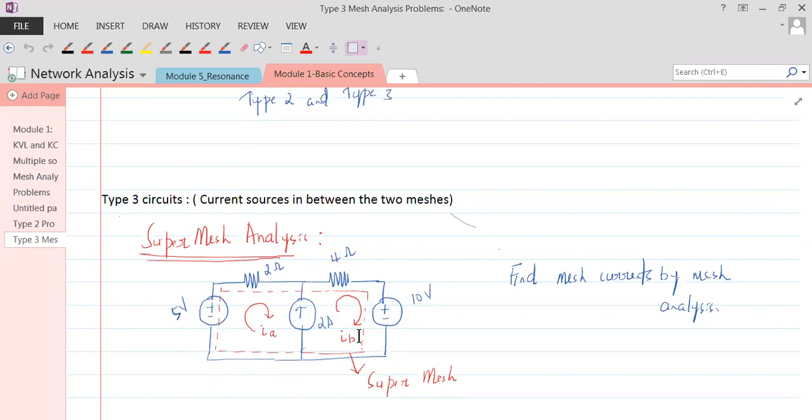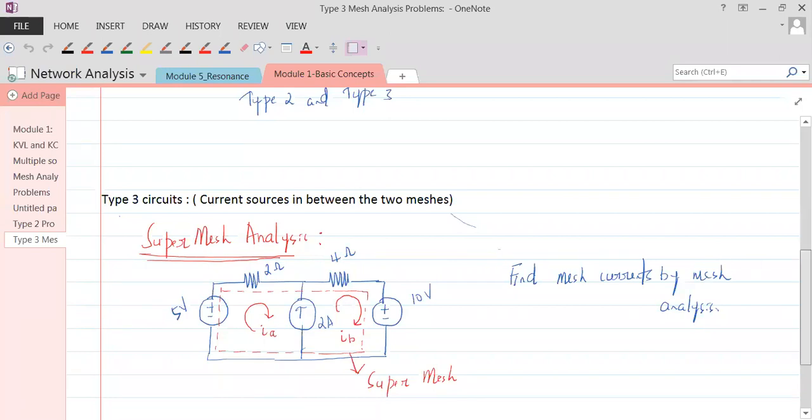After you form the super mesh by the dotted path that I've shown, you apply KVL to the super mesh. So two meshes are combined into one super mesh, and you will have one KVL applied to the super mesh instead of two KVLs. Get that point?